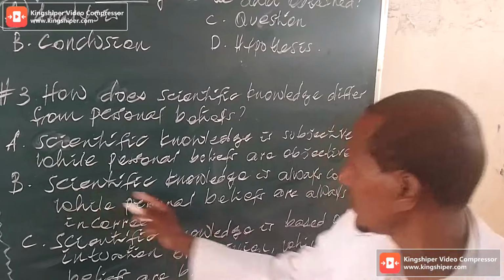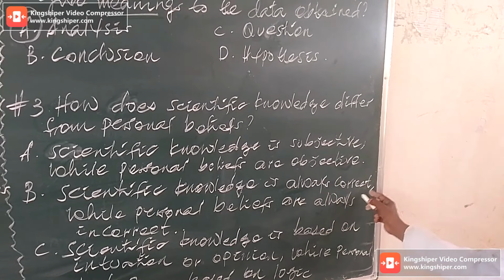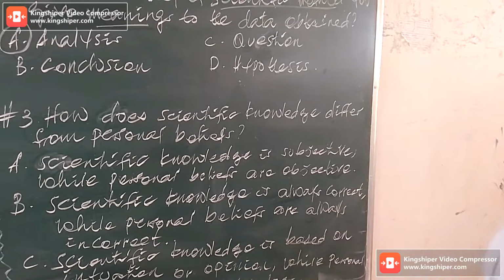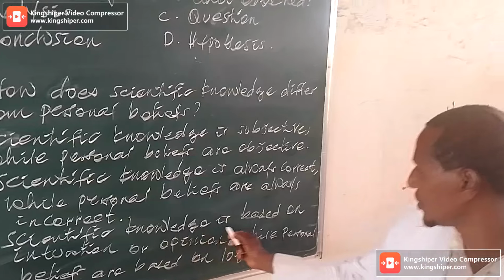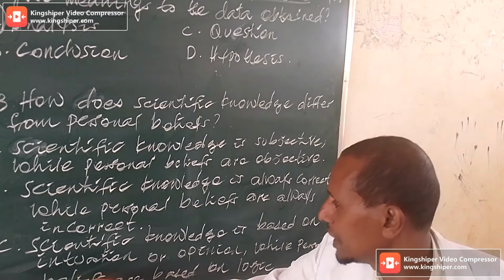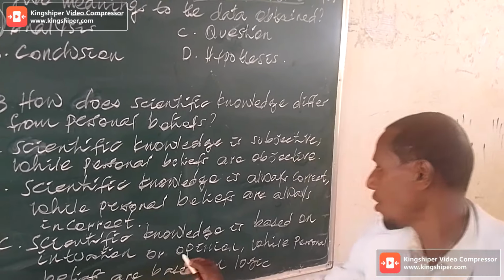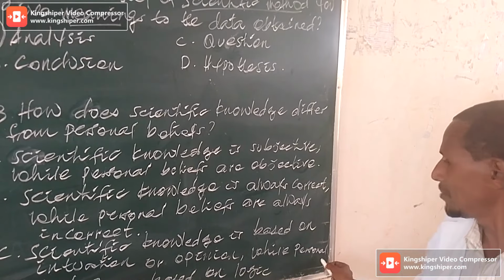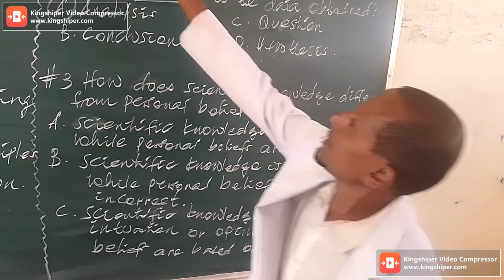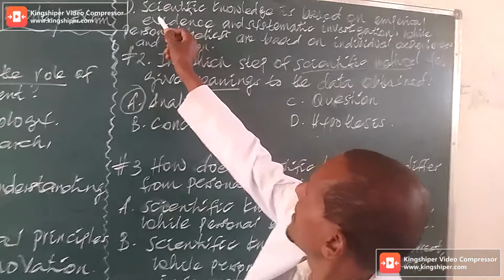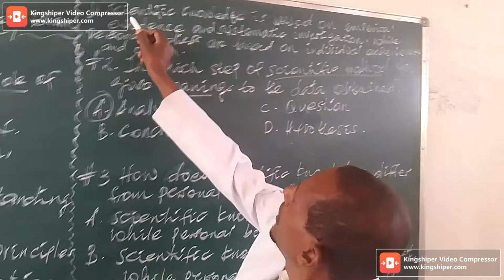Choice B, scientific knowledge is always correct while personal beliefs are always incorrect. Choice C says that scientific knowledge is based on intuitions or opinions while personal beliefs are based on the logic.